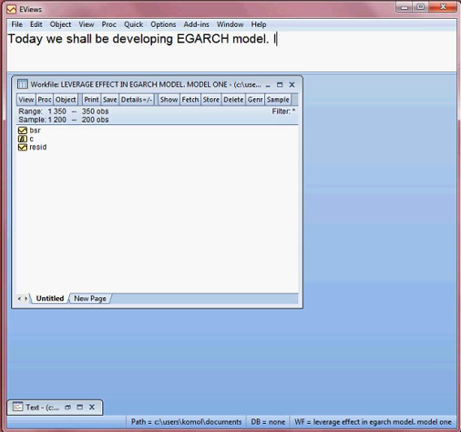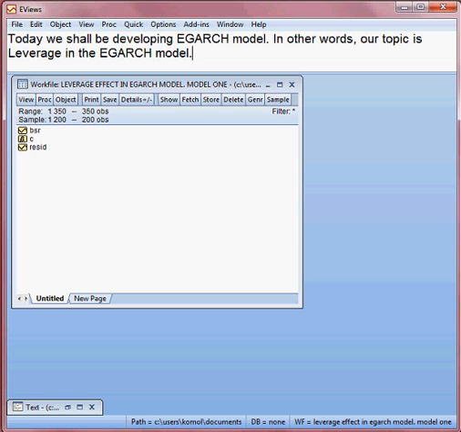So in other words, our topic is leverage in the EGARCH model.